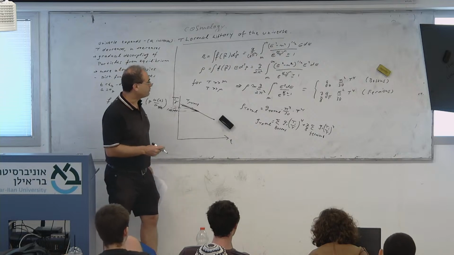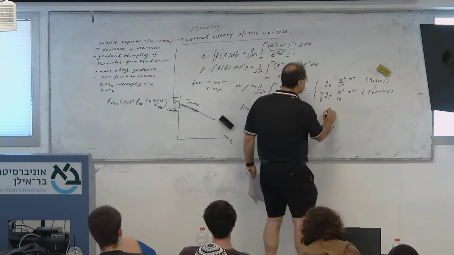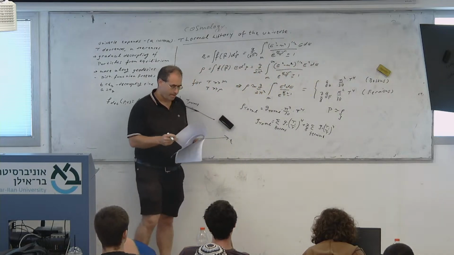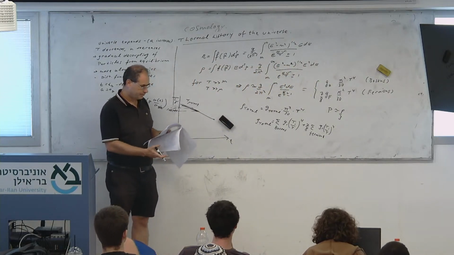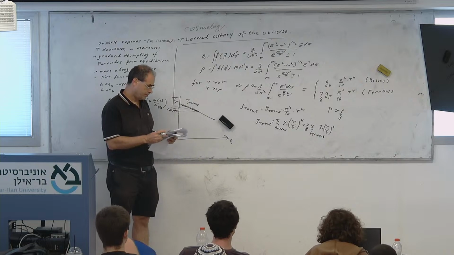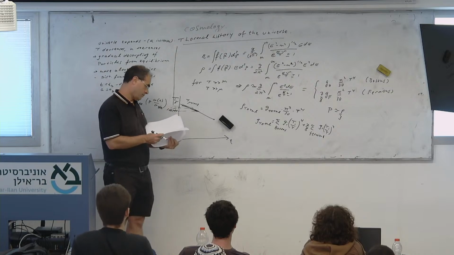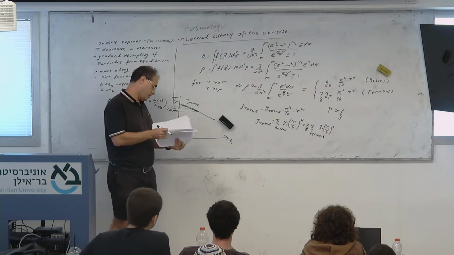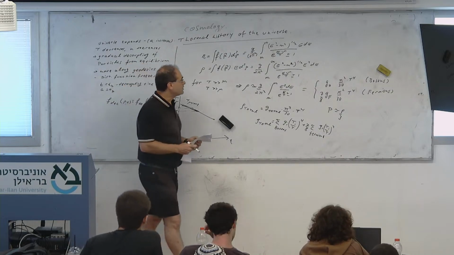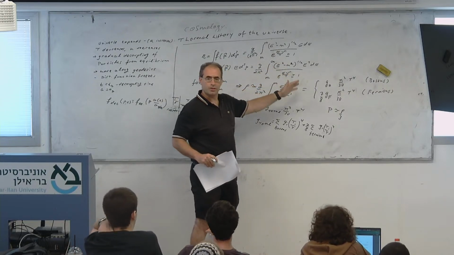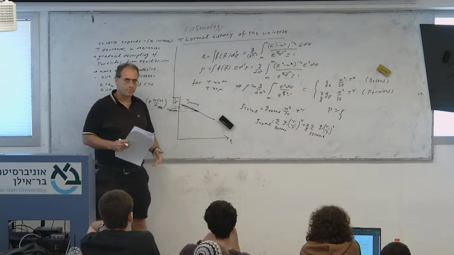The pressure is roughly rho over 3, as long as they're relativistic. If they're non-relativistic, then you have this exponential decay, and then they really decouple.